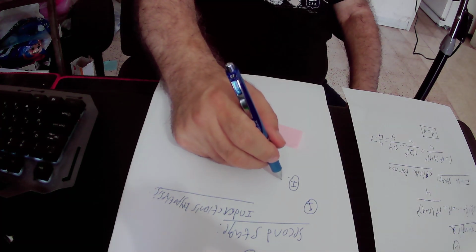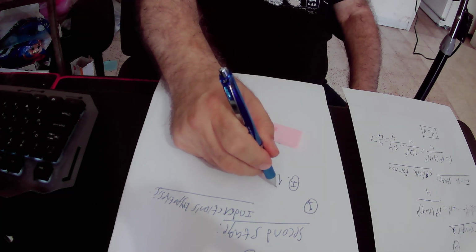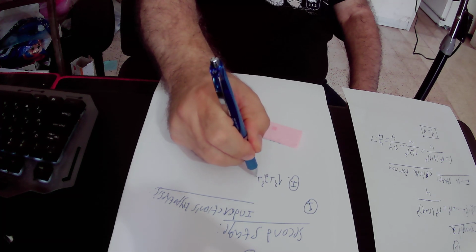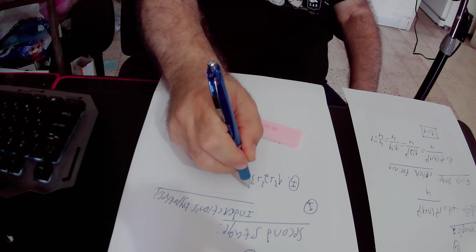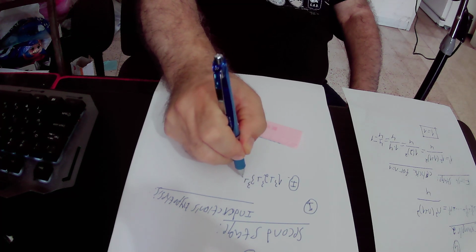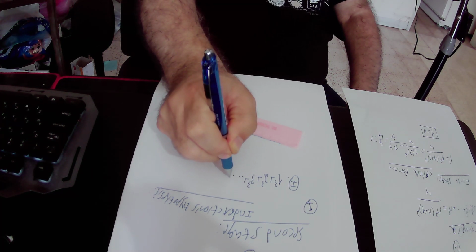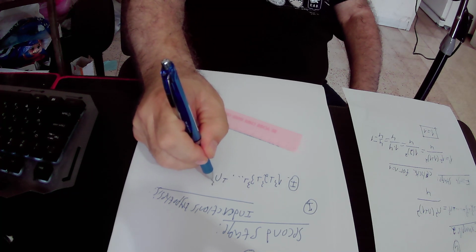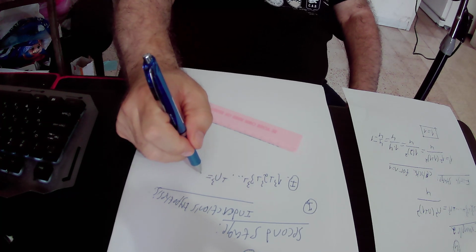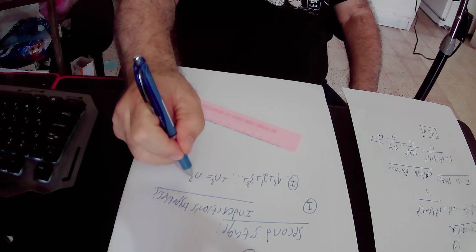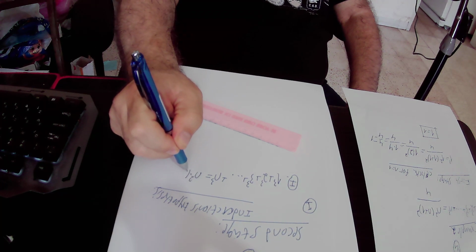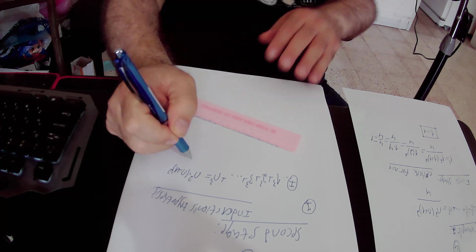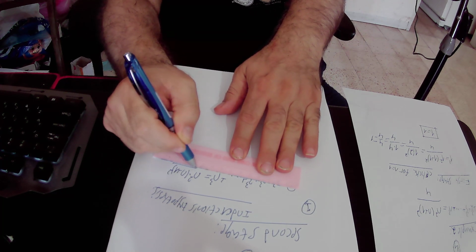The expression for n is 1 to the power of 3 plus 2 to the power of 3 plus 3 to the power of 3 plus ... plus n to the power of 3 equals n squared times (n plus 1) squared divided by 4.